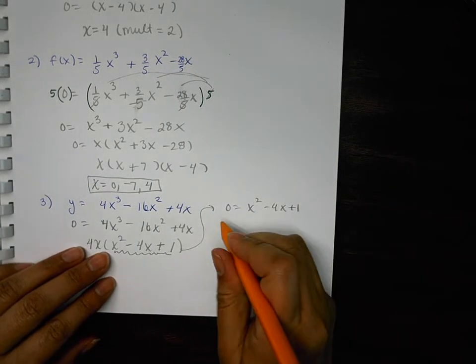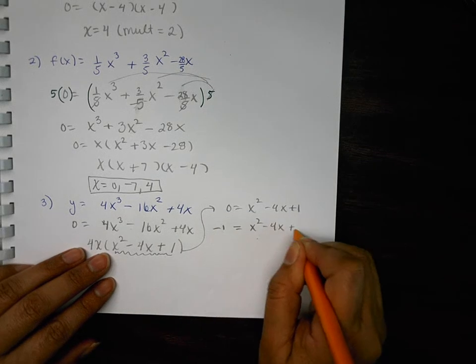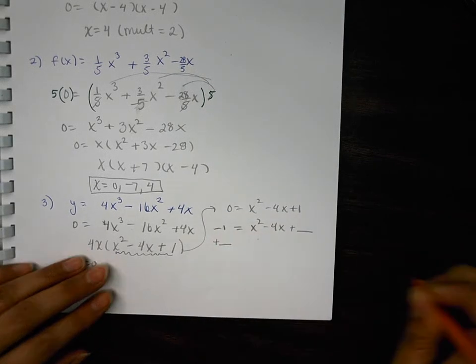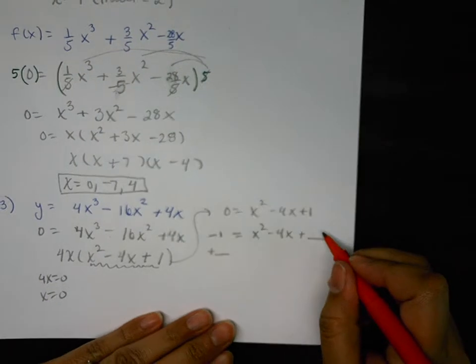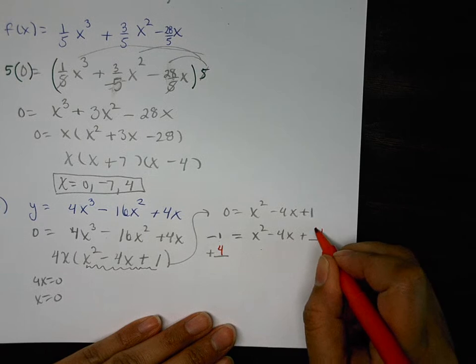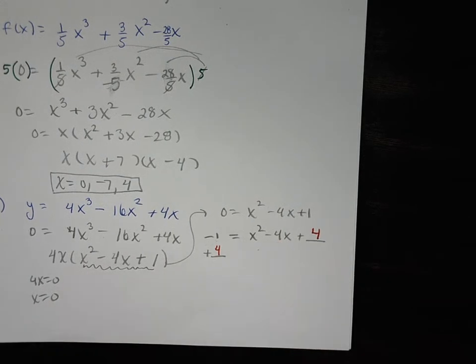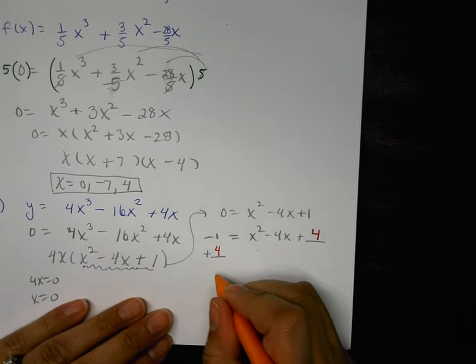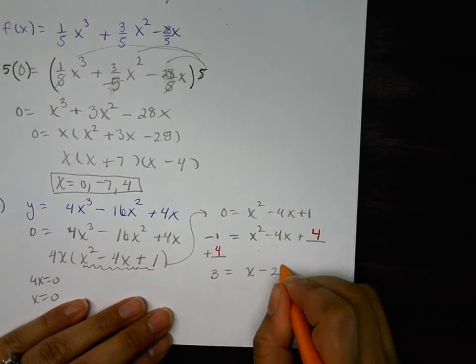To the other side, negative 1 equals x squared minus 4x plus blank to keep it balanced. What goes in the blank? Is it always going to be 4? No, you take this number, cut it in half, and square it. Negative 1 plus 4 is 3. X minus 2 quantity squared.